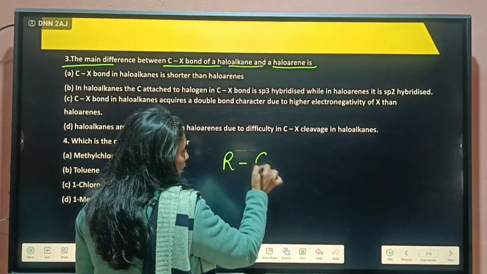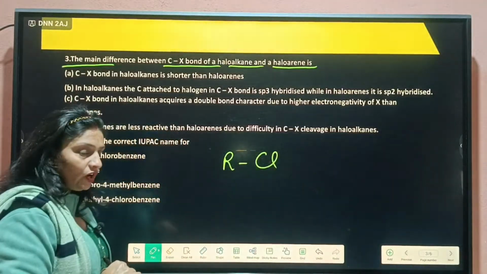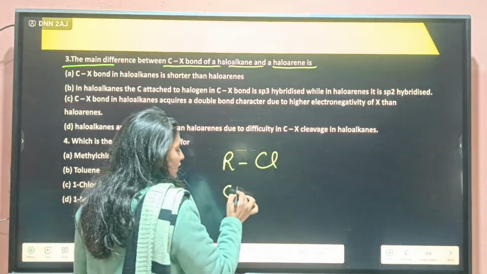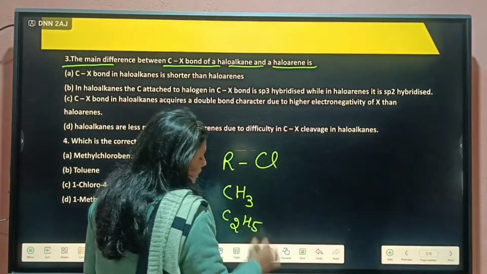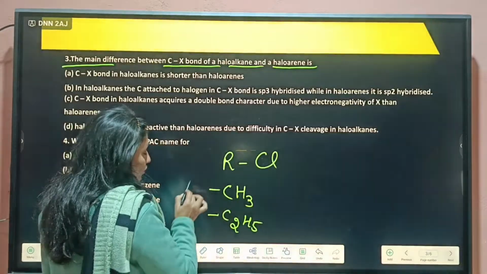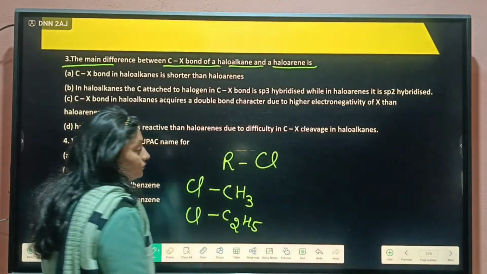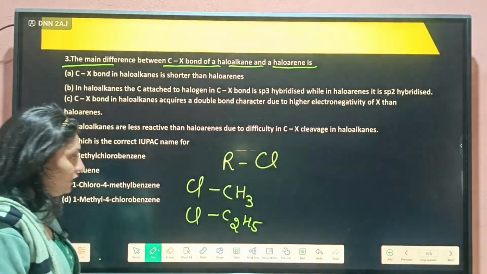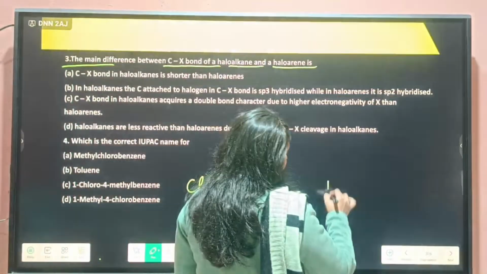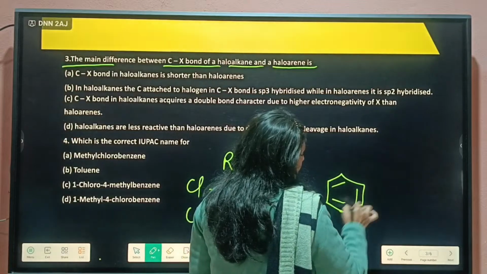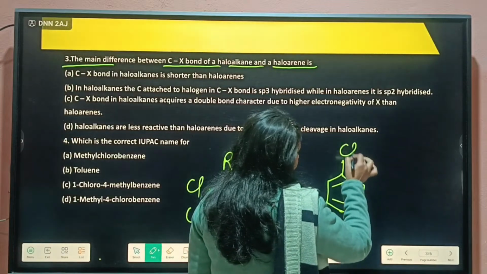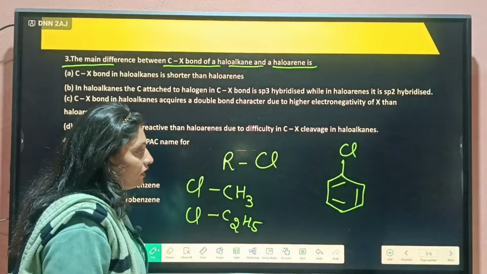If a halogen is attached to this, any R group like methyl, maybe ethyl, it is a haloalkane. And haloarene: arene means a benzene ring will be here, and any halogen will attach to this like this.